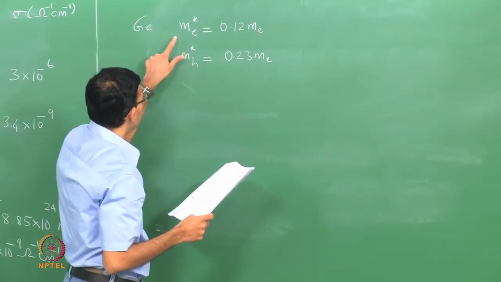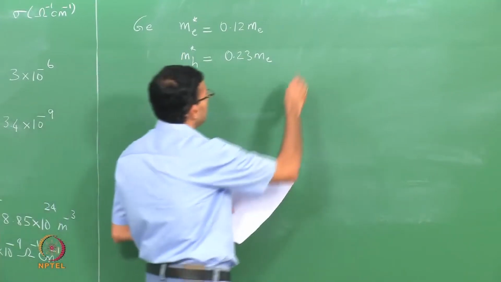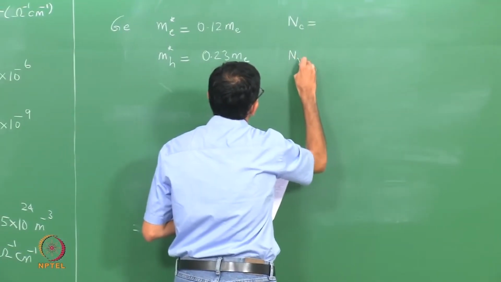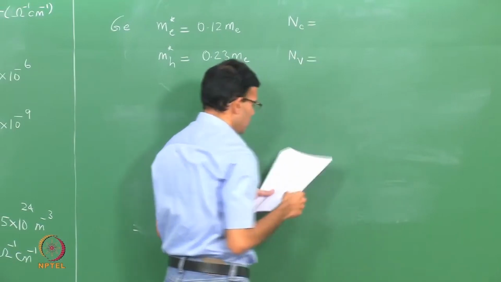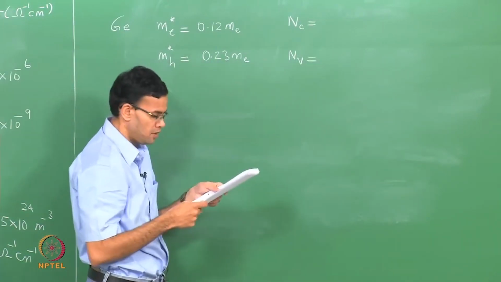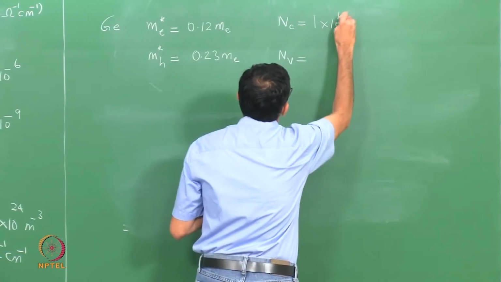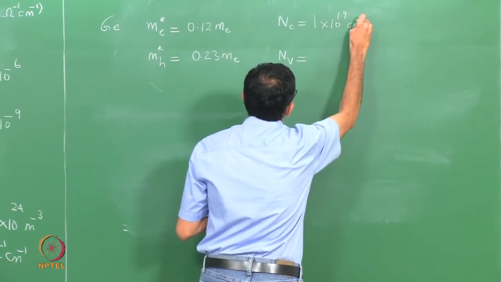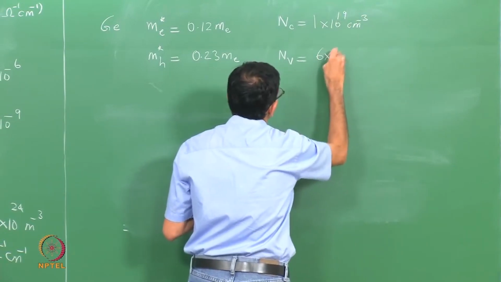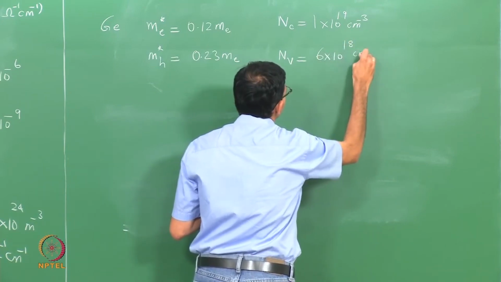So, once you know Me star and Mh star, we can go ahead and calculate Nc and Nv. The formula is just the same, you are just substituting different numbers. Nc is 1 times 10 to the 19 centimeter cube, Nv is 6 times 10 to the 18.